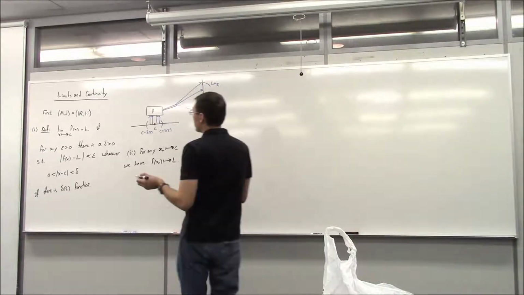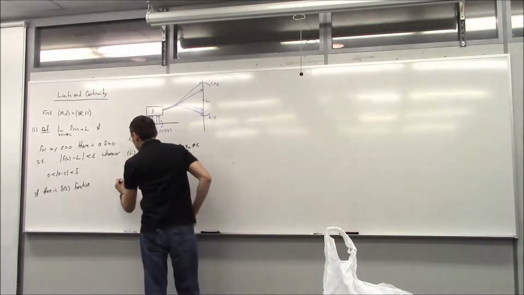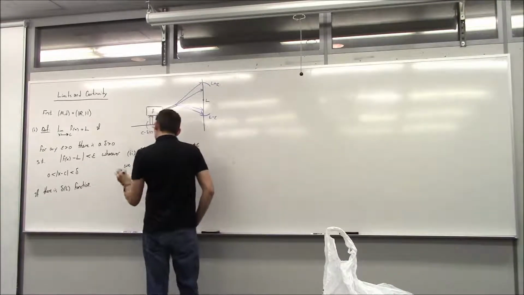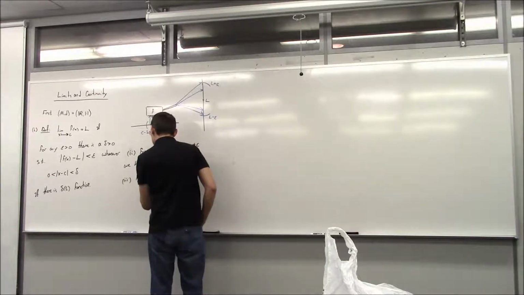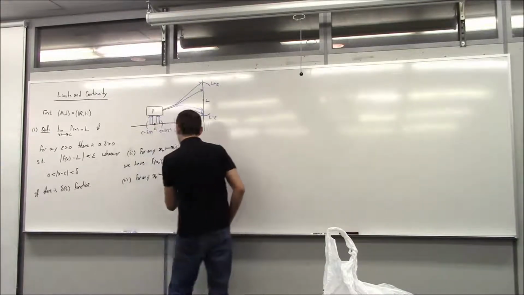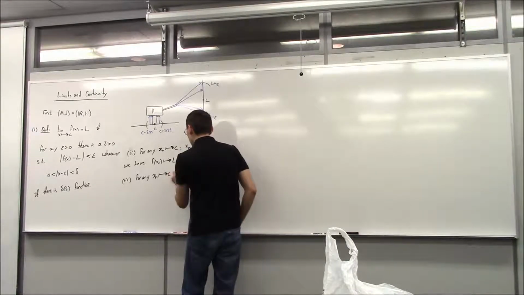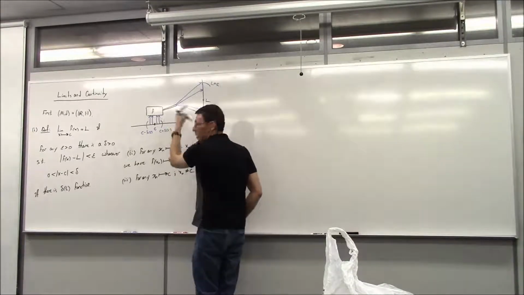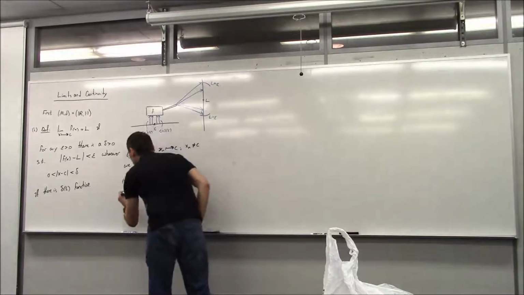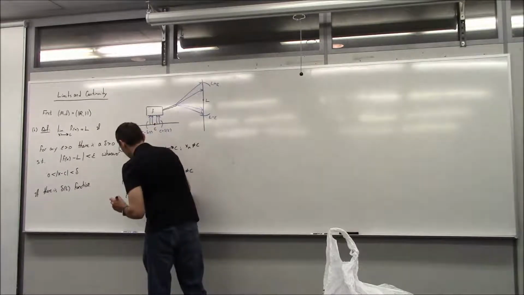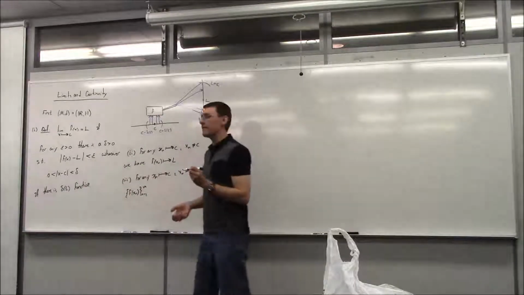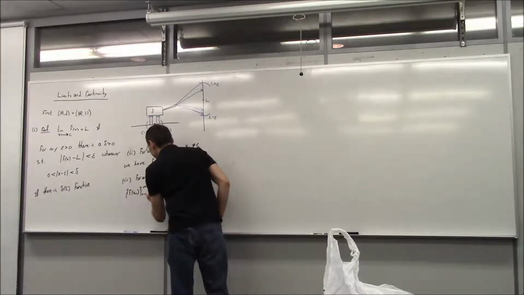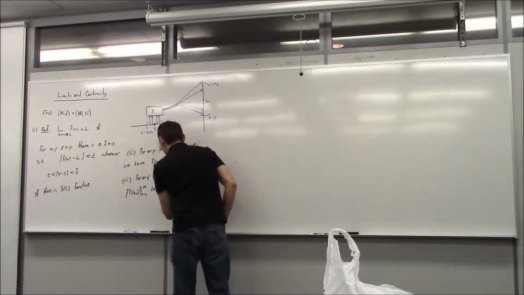And then the third characterization is, for any sequence x sub n going to c, where we require that x sub n never equals c because we're not plugging in c, the sequence f of x sub n converges to something.